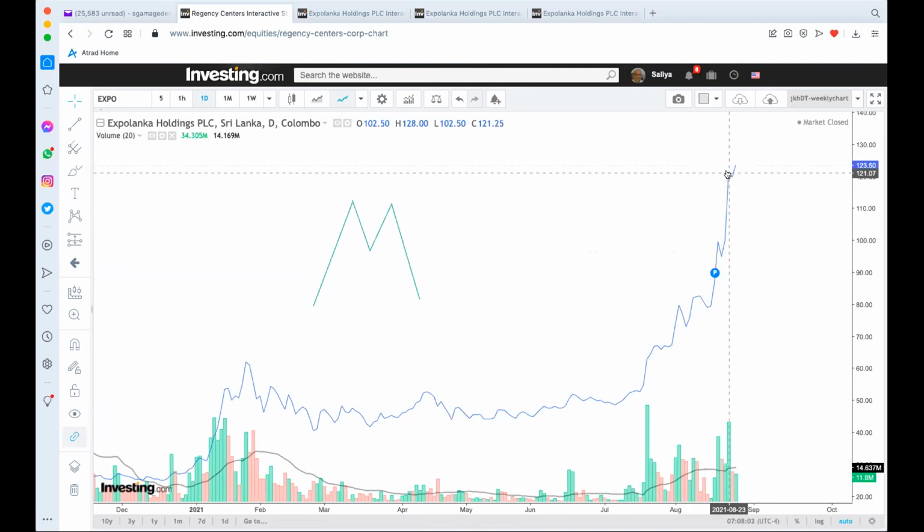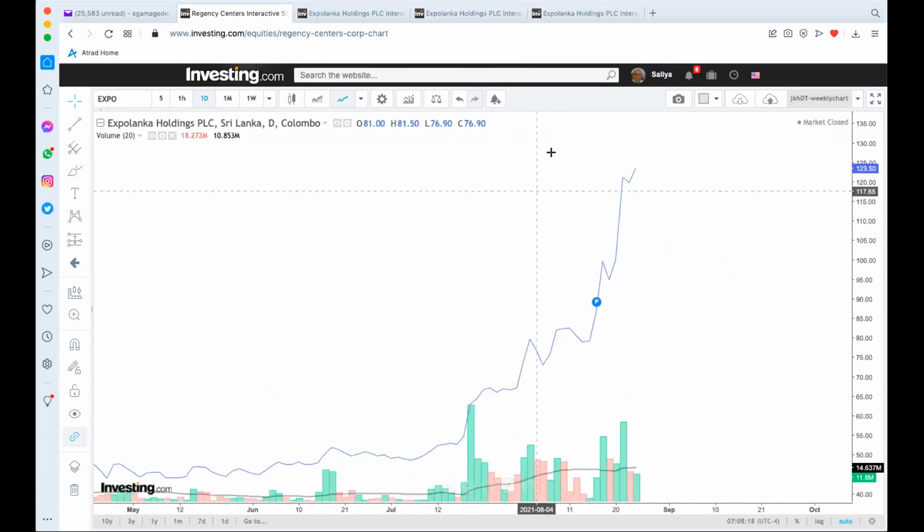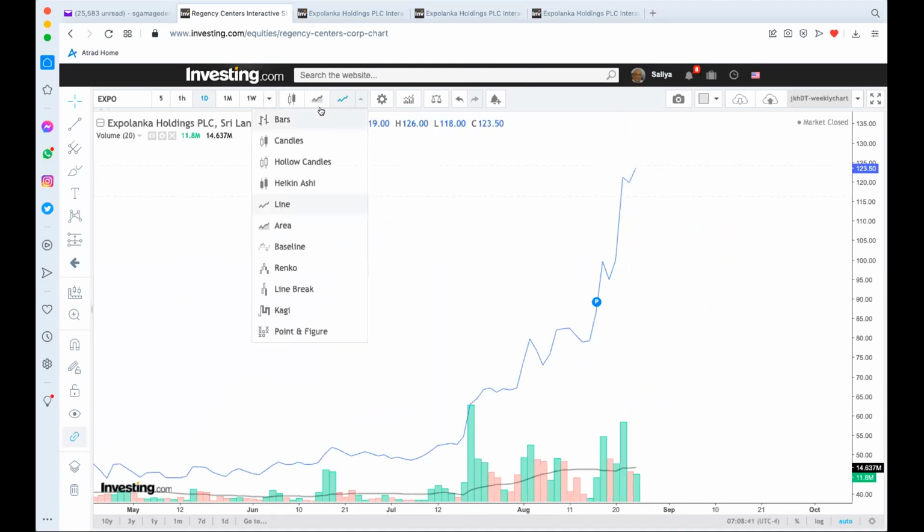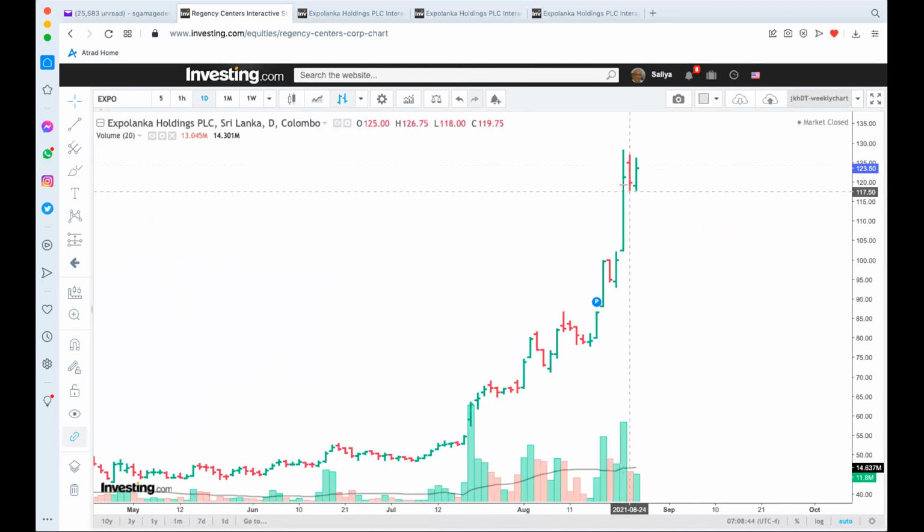In the line chart, the turning points, the reversals up and down, happen on the closing price. So this small point here is a closing which has turned the next day to be lower than this top point.